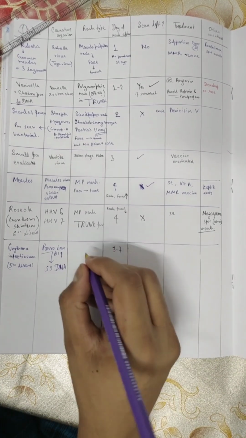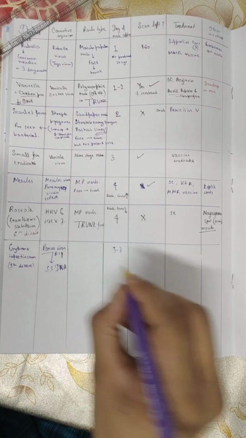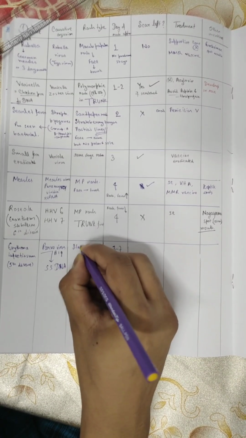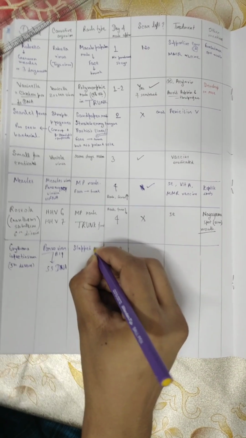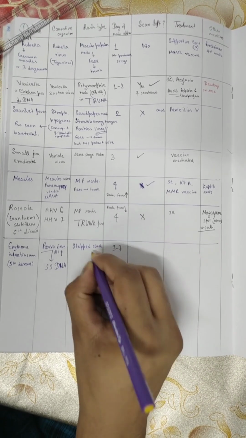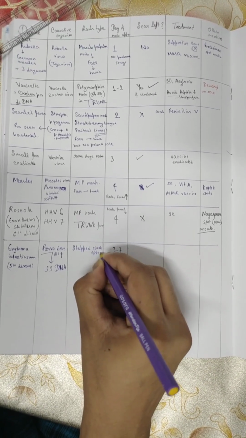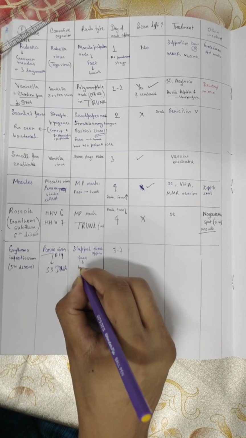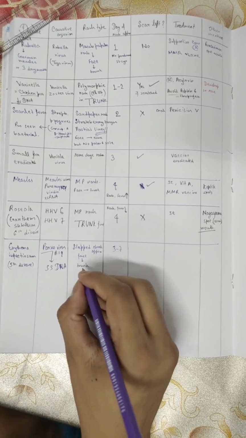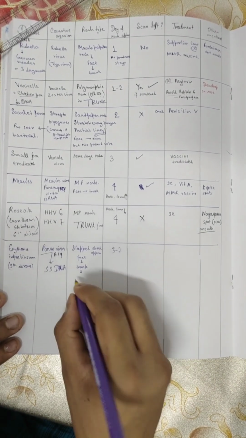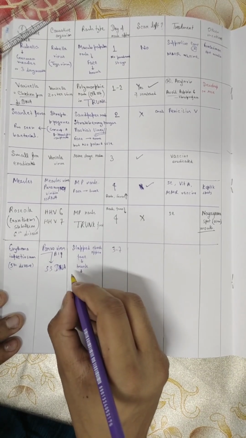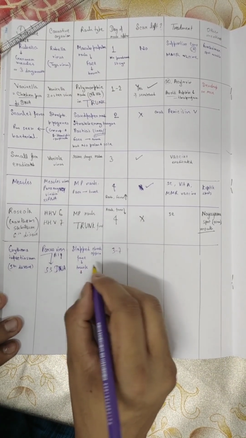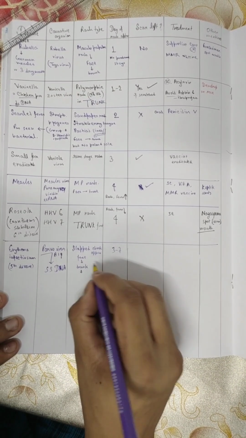It happens in school going children. We have here what we call slapped cheek appearance. That means face first, then trunk, and then we have lacy reticular rash on limbs.